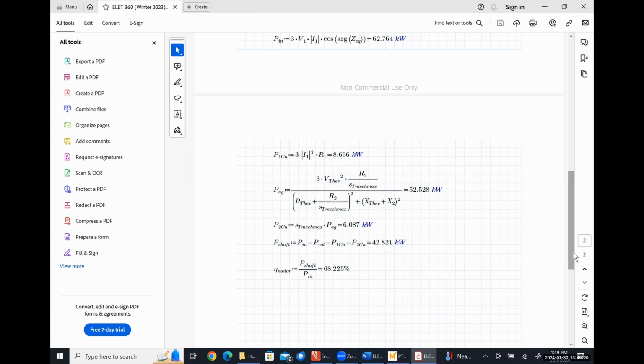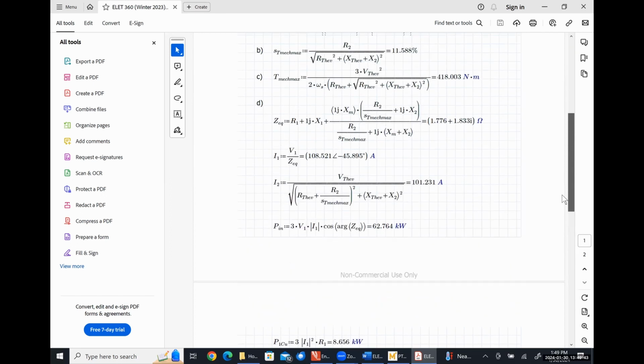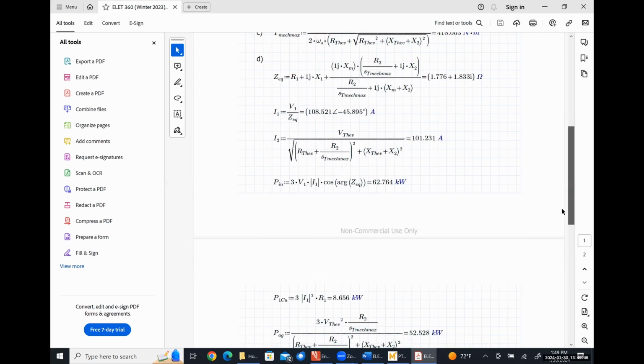And so then I said, yeah, my shaft power is my input power minus my rotational power minus my copper losses. Okay, so it looks like I did it a little bit differently, but it should come out to be effectively the same thing. And in fact, I think the way that I just described it would actually be less calculations. But it's literally just using the power relationships that we developed in class.